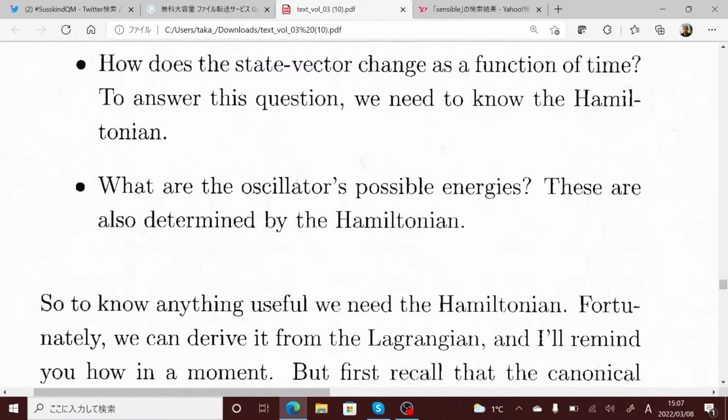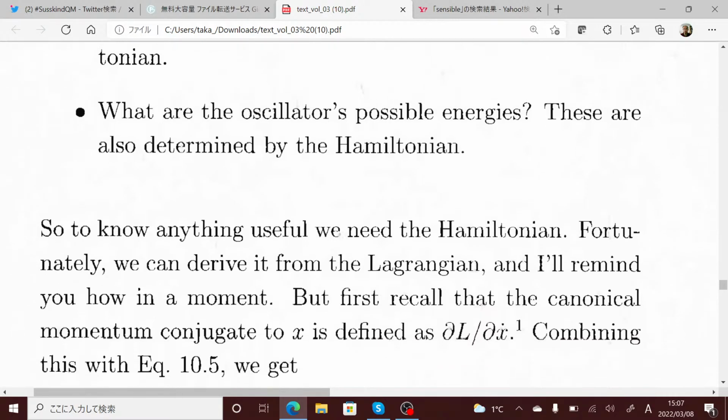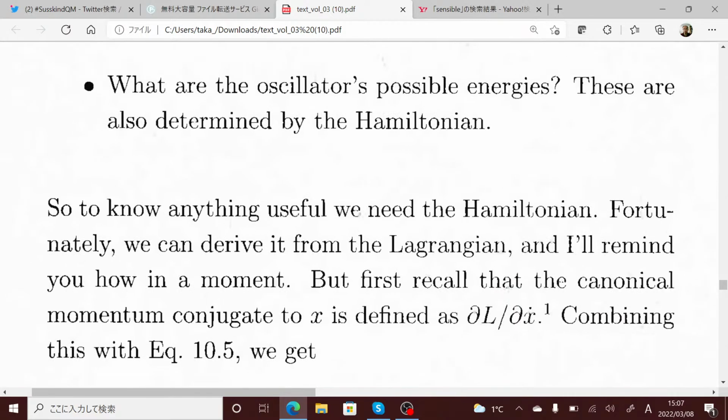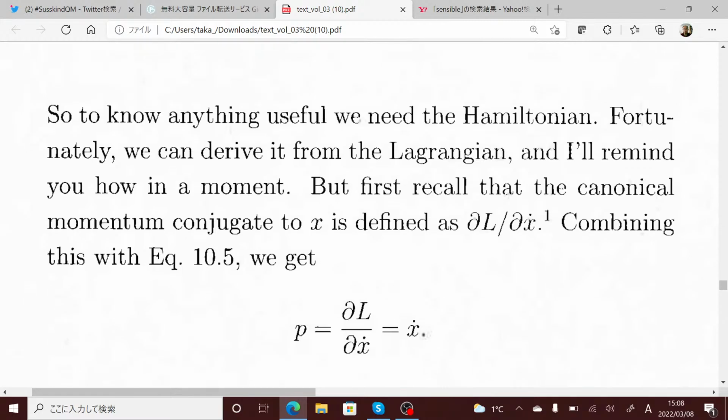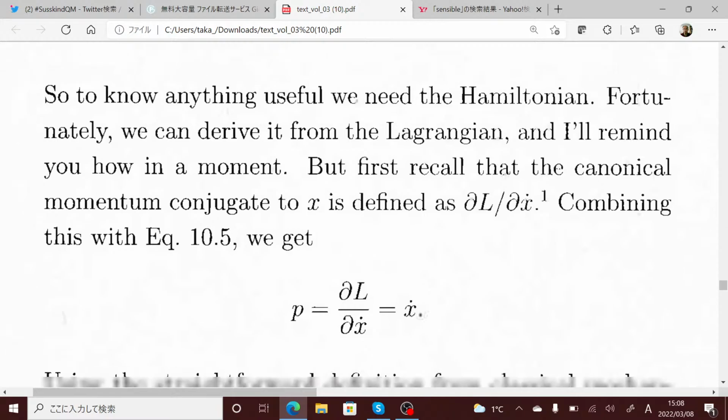These are also determined by the Hamiltonian. So, to know anything useful, we need the Hamiltonian. Fortunately, we can derive it from the Lagrangian, and I will remind you how in a moment.